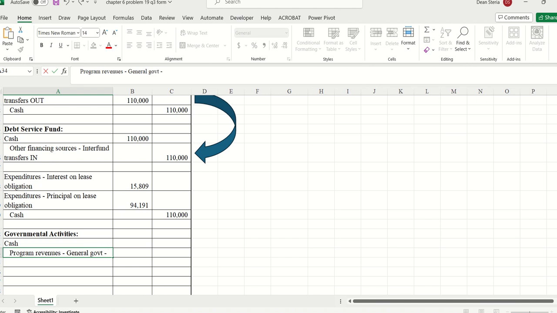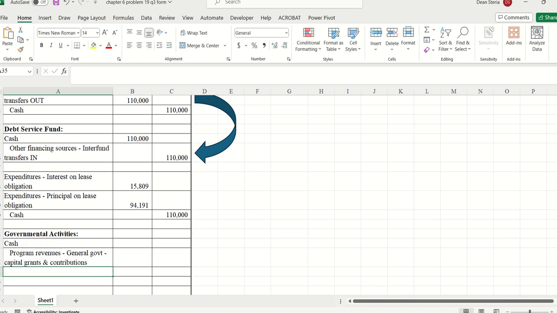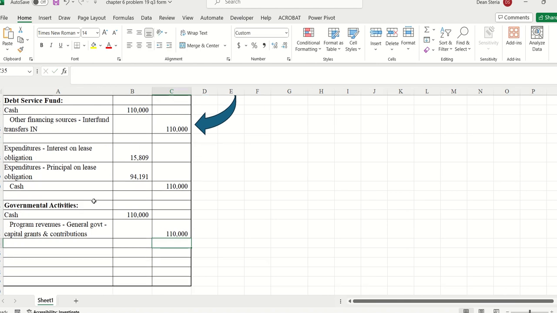General government capital grants and contributions. And again, it's going to be the 110 because that's what we received.